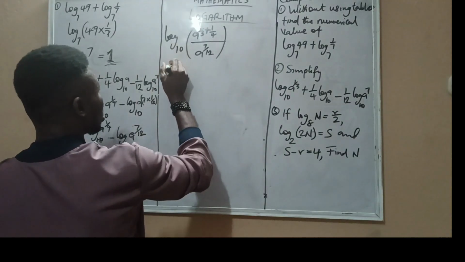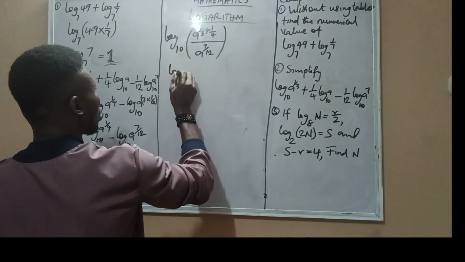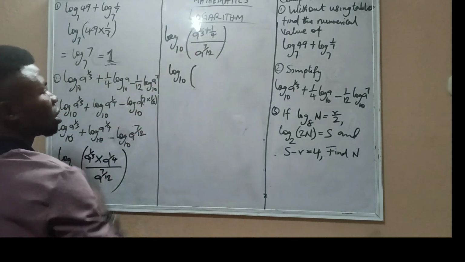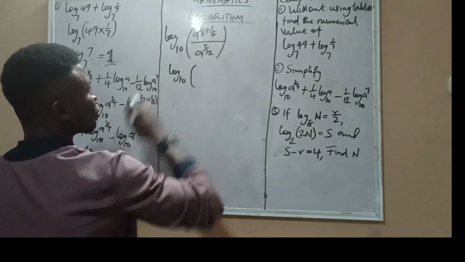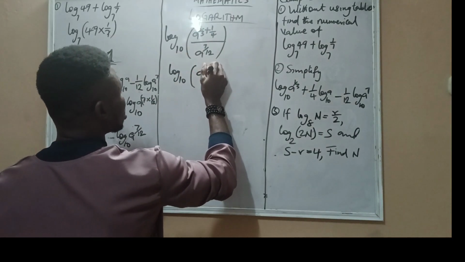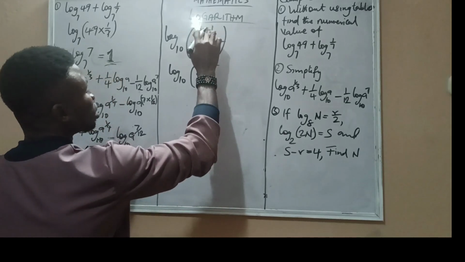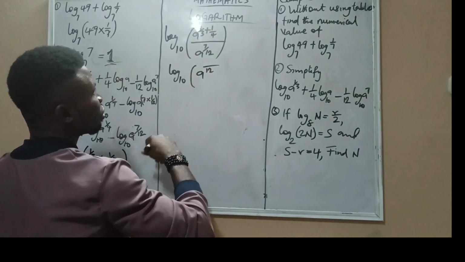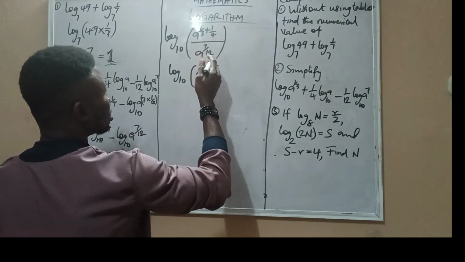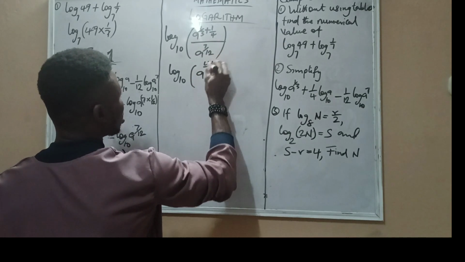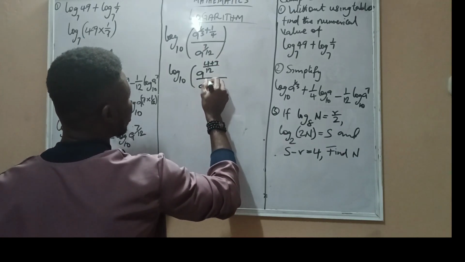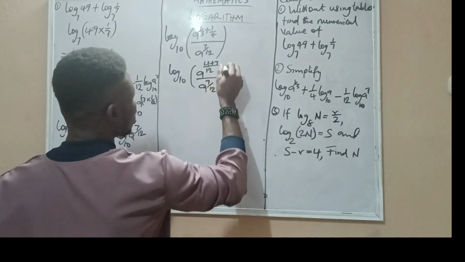And when we add the powers, what is the LCM of 3 and 4? That is 12. Then 3 into 12 is 4, 4 times 1 is 4, plus 4 into 12 is 3, 3 times 1 is 3. All over a to the power of 7 over 12.